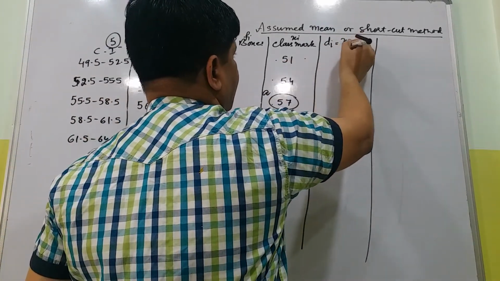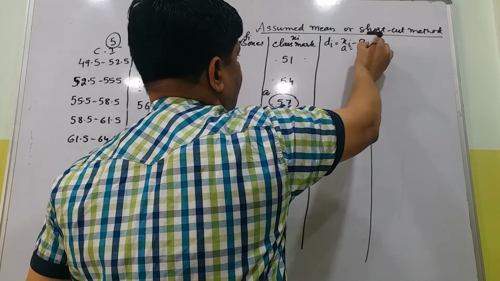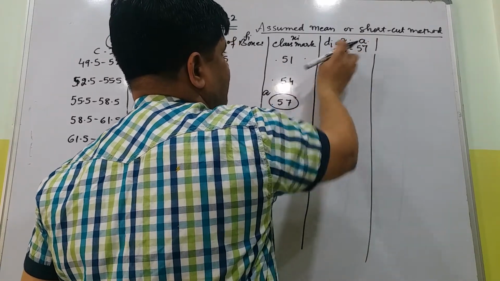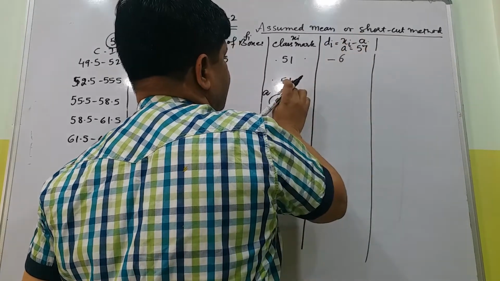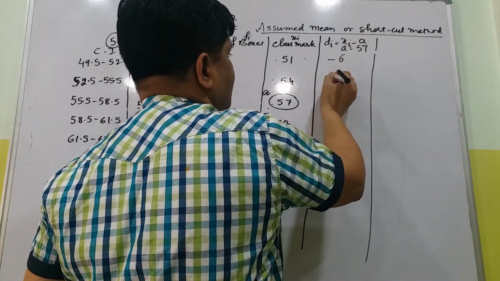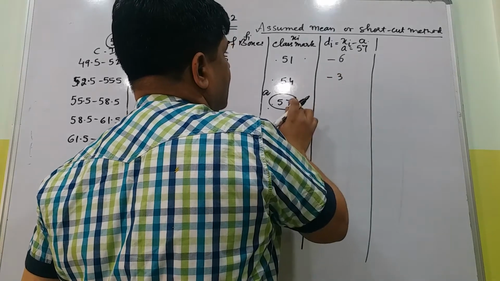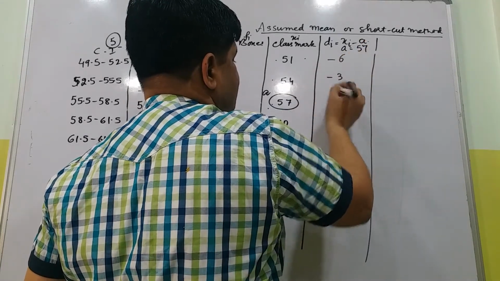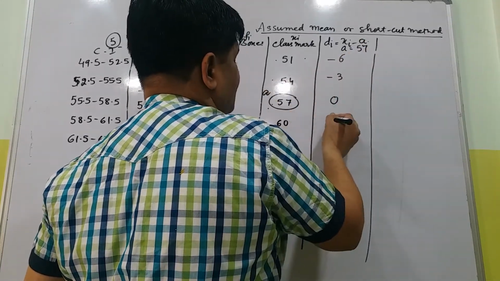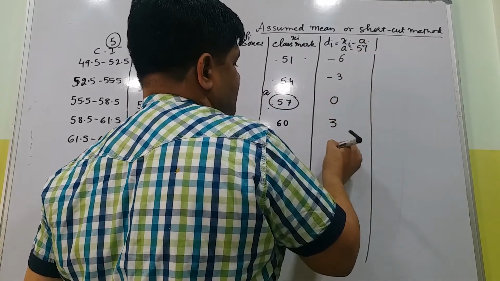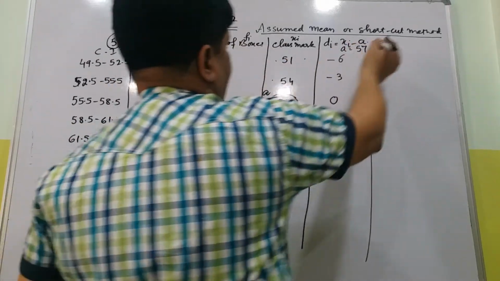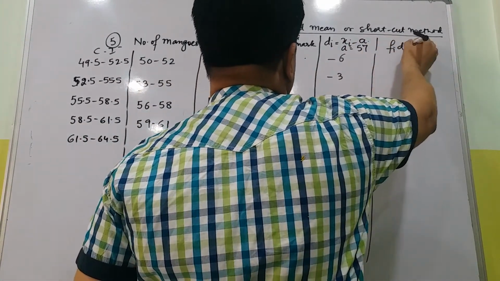Now you substitute this value here. A here is 57. So you substitute the value xi here. 51 minus 57 will be minus 6. 54 minus 57, it will be minus 3. 57 minus 57, 0. 60 minus 57, 3. 63 minus 57, 6. Now you multiply fi with di.